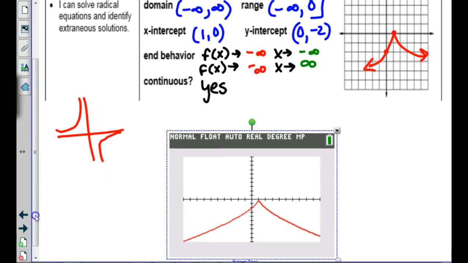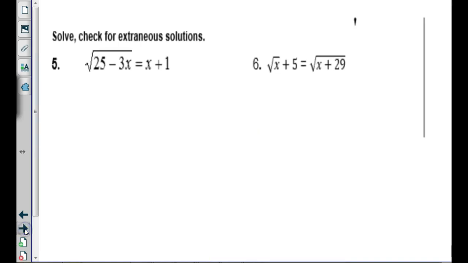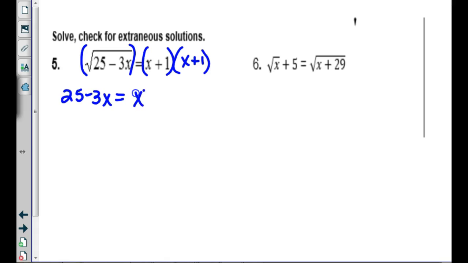All right. Part of that same section, though, guys, is solving these. Okay, I'm going to go kind of quick because we did these on Friday. Square both sides, but the left or the right one is got to be, yes. So we get 25 minus 3x equals, okay.